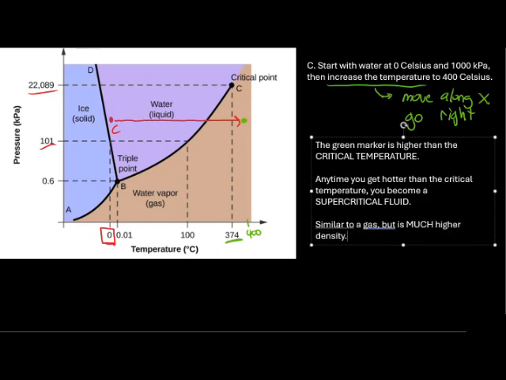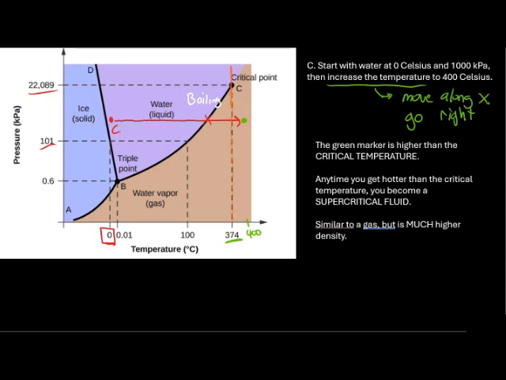Now notice that our red line crosses the boundary between a liquid and a gas at this marker. That marker I've placed an X on shows that we're changing from liquid to gas. So we are boiling. But now that we've crossed this dashed line, indicated by the critical point, anything that is higher temperature than the critical point is going to be a supercritical fluid.